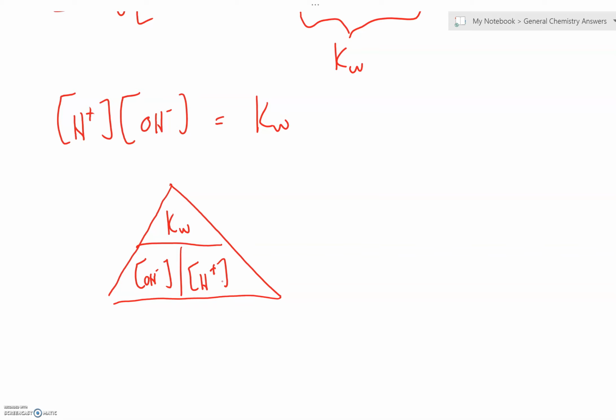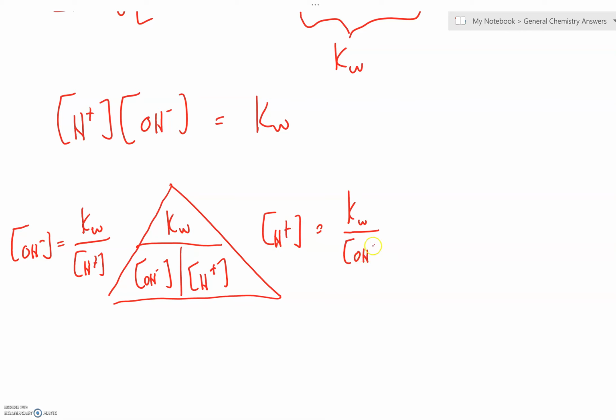It means that if we know one of these things, OH minus or H plus, we can find the other. So if we want to find OH minus, it'll be equal to KW over H plus. If we want to find H plus, it'll be equal to KW over OH minus. And let's remember that KW always equals 1 times 10 to the minus 14th.